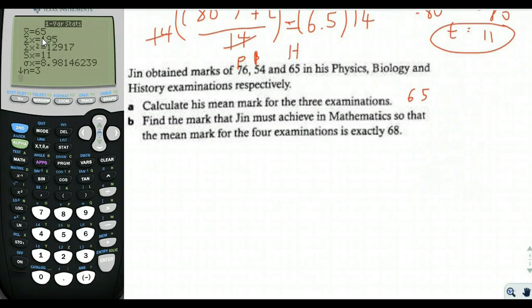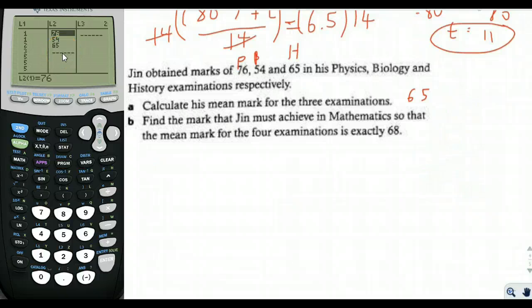Okay. Find the mark that Jin must achieve in math so that the mean mark for the 4 examinations is exactly 68. Okay, so now we need to add one more test score to our edit list. And the first way we could do this is we could guess.